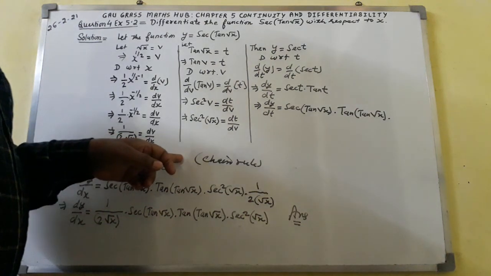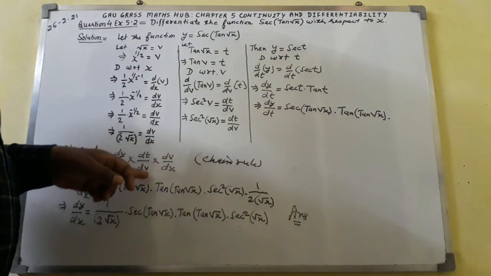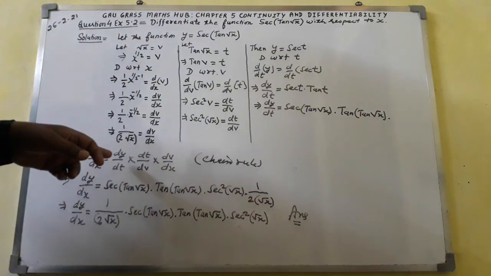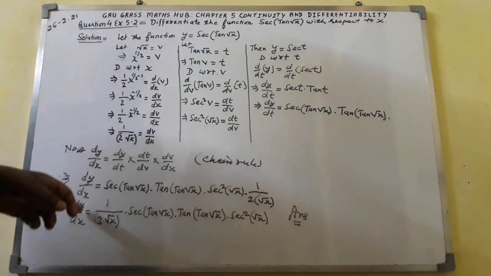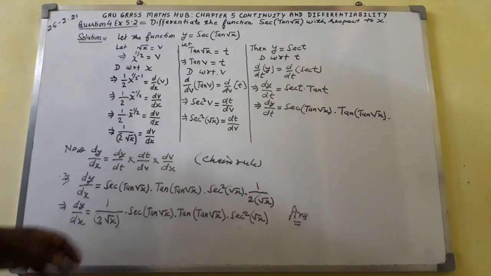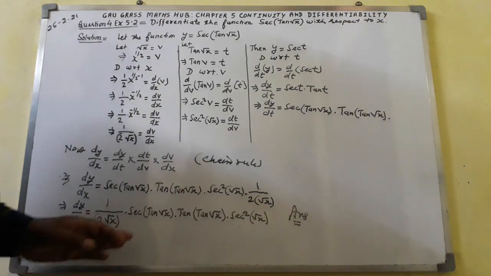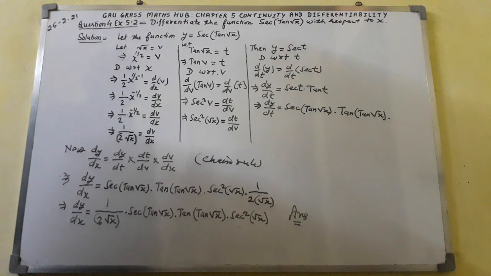Here dv in the numerator and dv in the denominator will be cancelled out. To get the final result dy/dx, this thing we have got. So this will be the correct answer of question number 4, exercise 5.2.